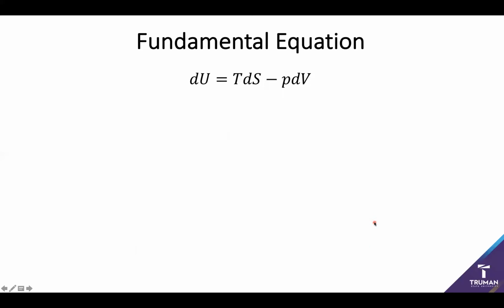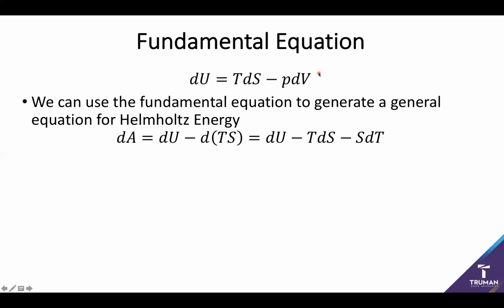But it turns out that we can also use this equation to develop other very similar equations. For example, we can use it to establish a similar expression for the Helmholtz free energy. Because we know that the change in Helmholtz free energy is treated as the change in internal energy minus the change in temperature times entropy. So we established this earlier with our definition of Helmholtz.